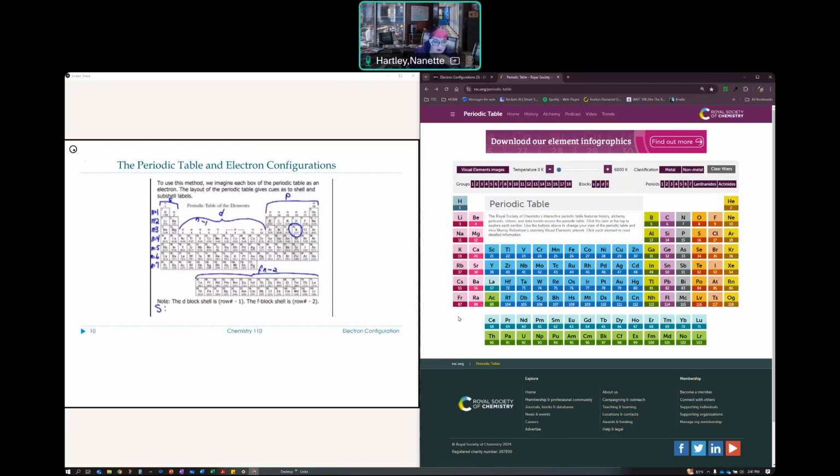SPD, which is n-1, and my n is the row number. Sorry, n is the row number. So S, P, D, and F: n-1 for D, and n-2 for F. Okay. And that's just the labeling.